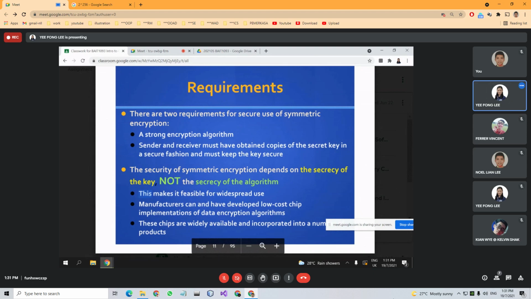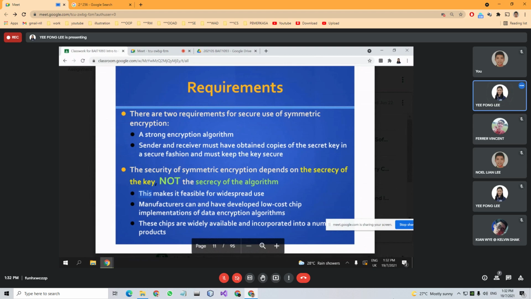But the key here is, let's say we have ABC. Now we are sending the text ABC. My algorithm is to move the A. If you have ever heard of the Caesar cipher, they replace A by moving 3 places backward. A replaced by D, moving 3 letters backward. Then B, move 3 letters backward, becomes E. Then C, move 3 letters backward, becomes F. So that is the secret key.